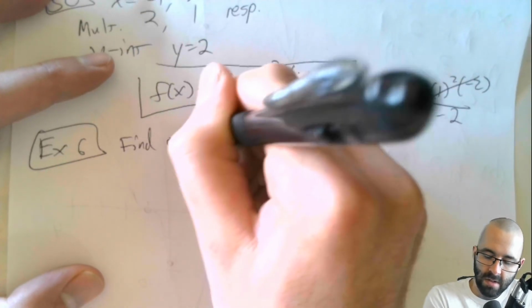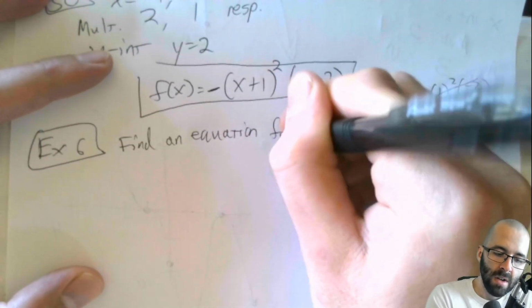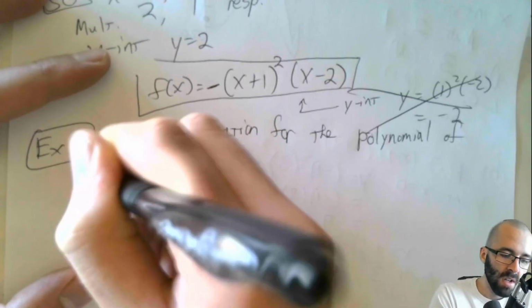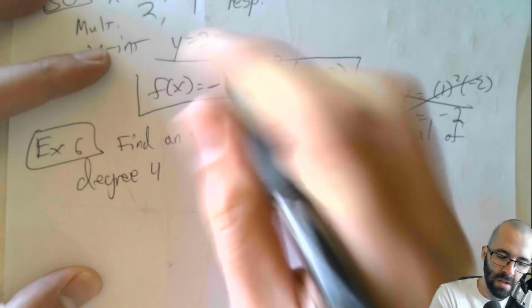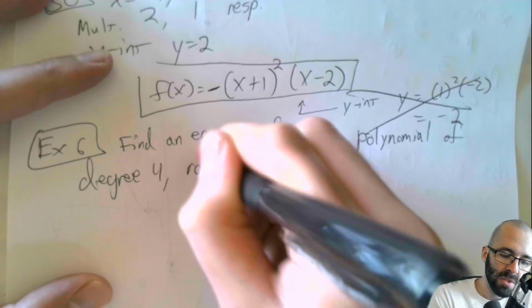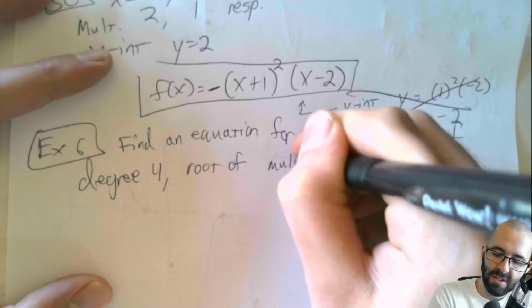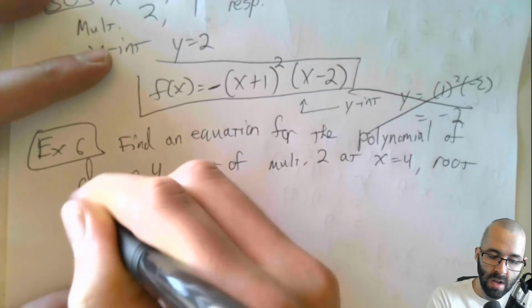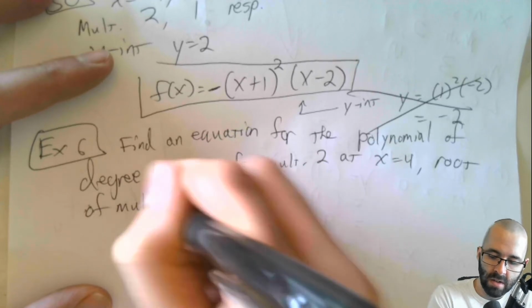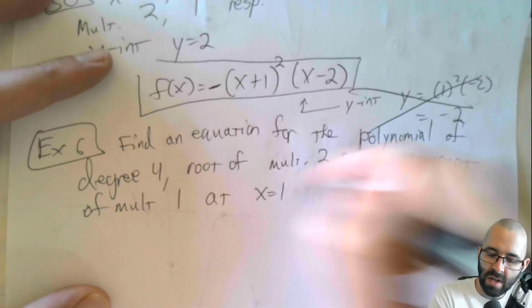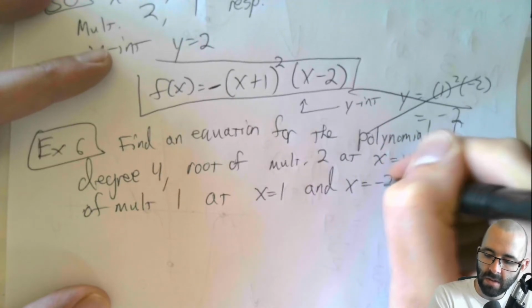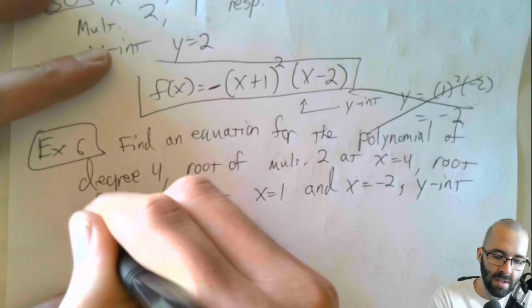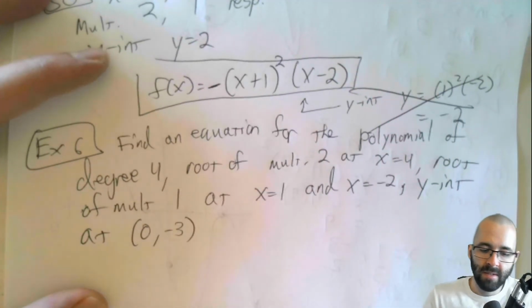Find an equation for the polynomial of degree 4 that has a root of multiplicity 2 at x equals 4 and a root of multiplicity 1 at x is equal to 1 and x is equal to -2. Additionally, the y-intercept is 0, -3.